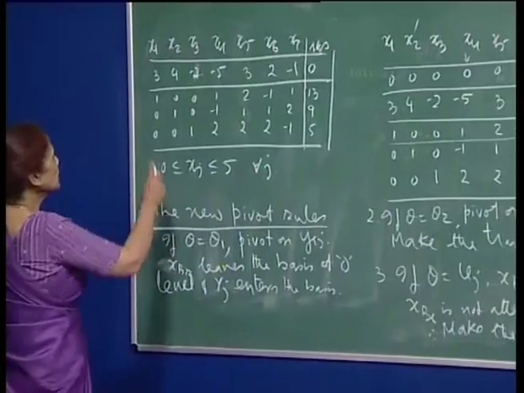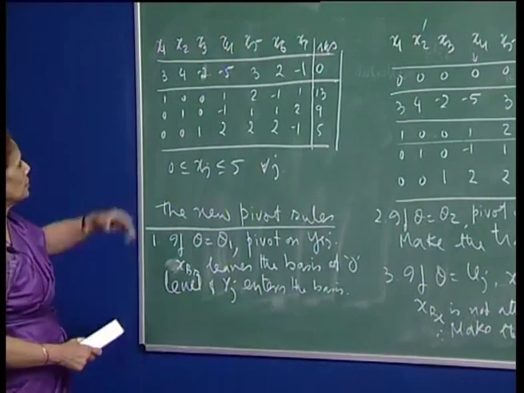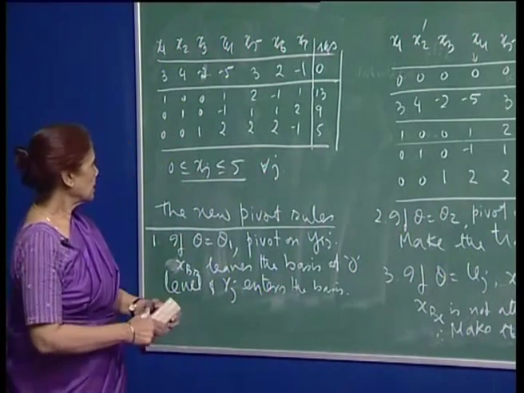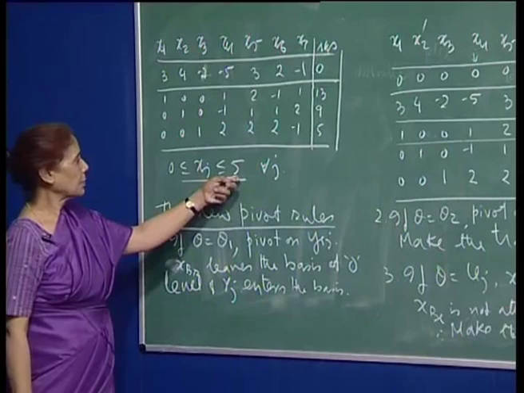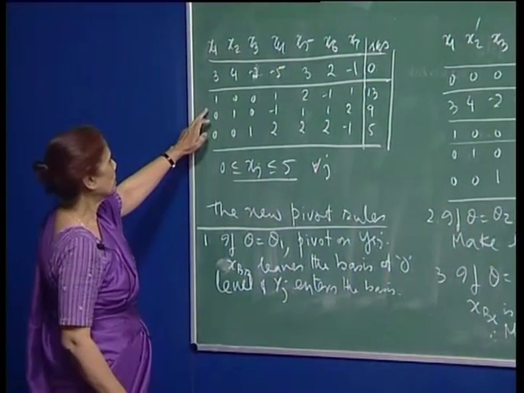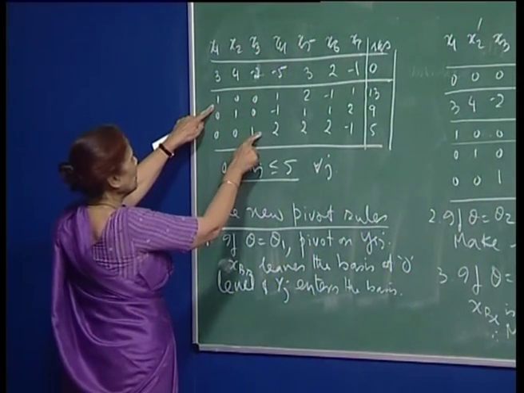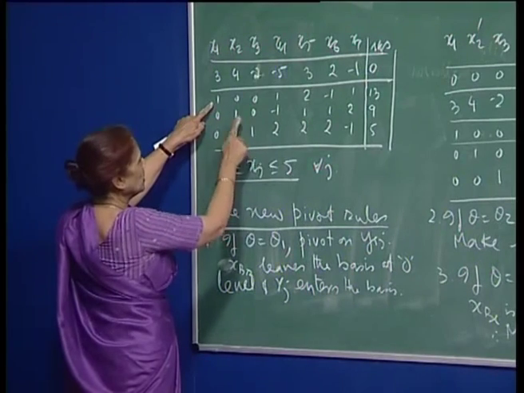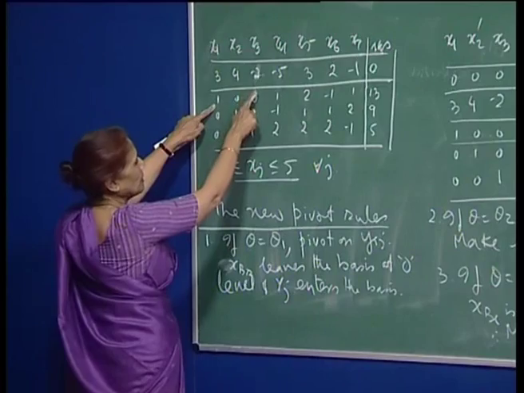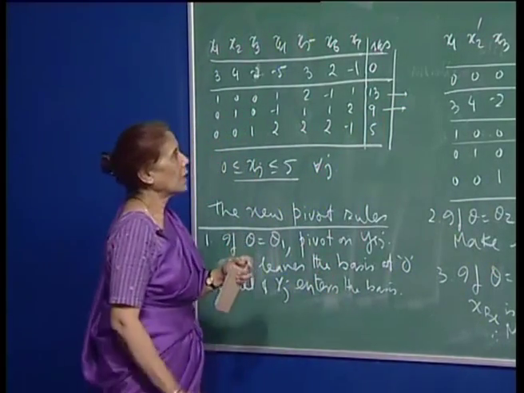So, what is happening here is the given problem is like this. I have given it in tabular form. The upper bound restrictions on the variables are that each variable must be less than or equal to 5. If you look at this tableau, if I want to take this as the basic feasible solution consisting of x1, x2, x3 as the basic variables, then you see that these two numbers are beyond 5.